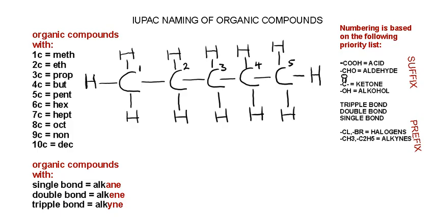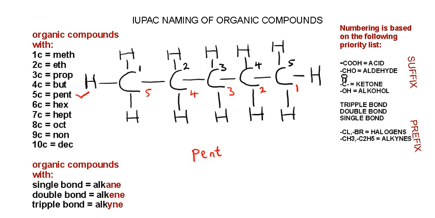In backward direction, we have 1, 2, 3, 4, 5. Since we have identified 5 carbons in this organic compound, the name starts with what? Pent. So let us write pent as the parent name.